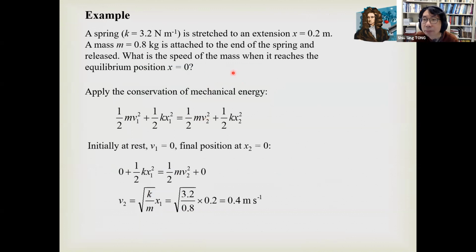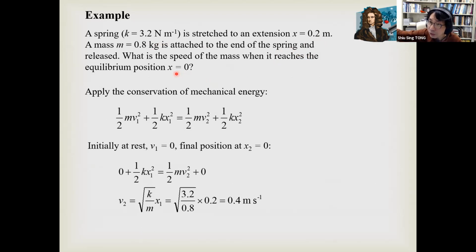Now let's have a very simple example. That is a spring mass system. Suppose the spring constant is given by this. Initially, the spring is stretched to an extension of 0.2 meter, 20 cm, and then the block is released. The block has a mass of 0.8 kilogram. I would like to ask, what will be the speed of the block when it just passes the equilibrium position?